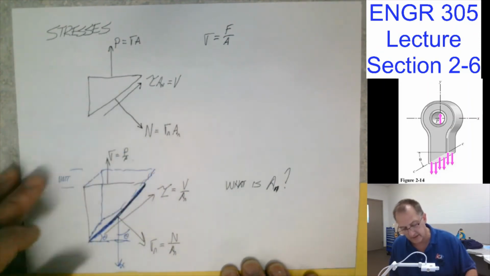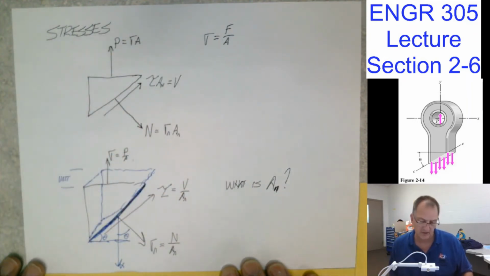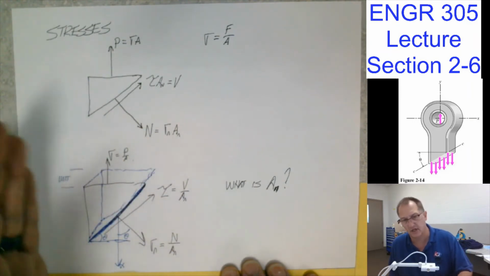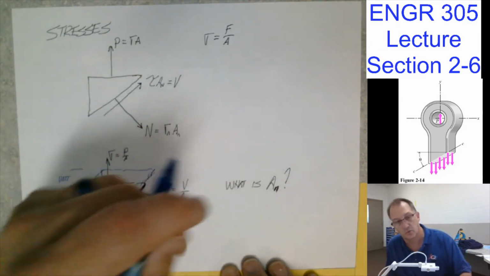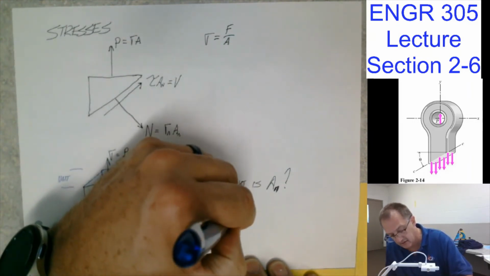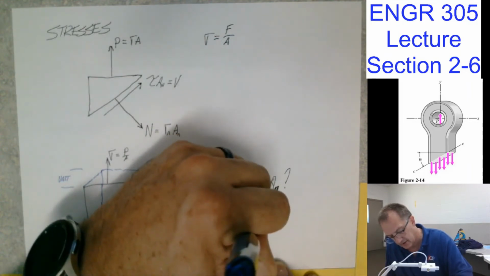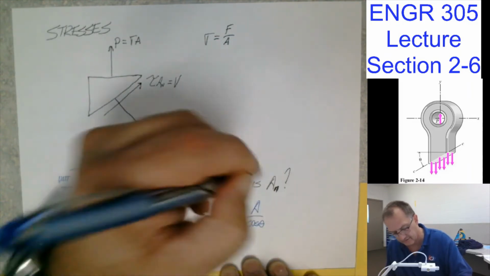As that angle increases, that goes actually to infinity. So can you think of a function maybe that goes from 1 to 0, so that area goes to infinity? Yeah, I would say that A_N is equal to the area divided by cosine of theta.